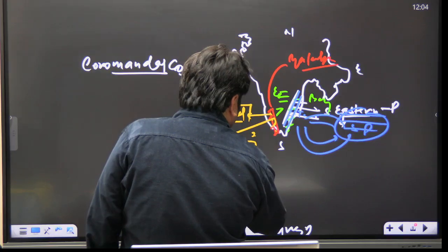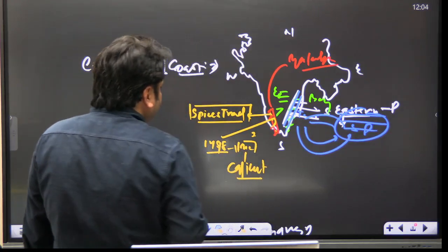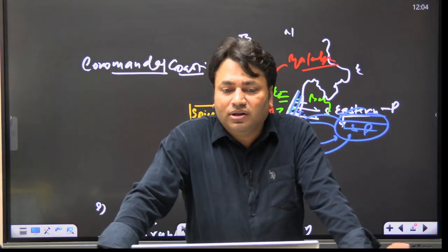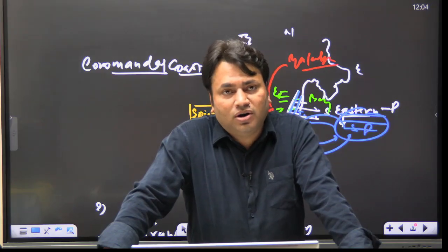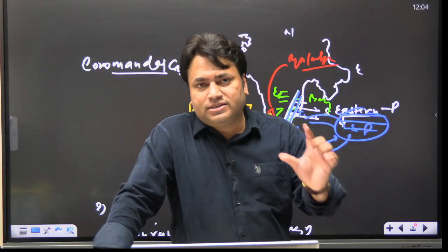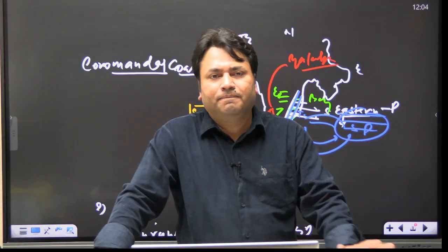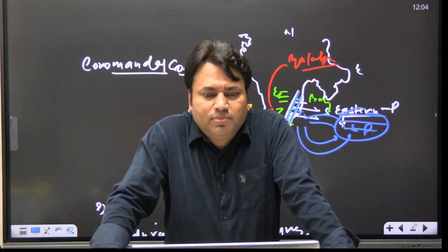This is the place where Vasco da Gama first reached. So this Malabar coast, Calicut center, was the first Portuguese landing there. It was an important Portuguese center.